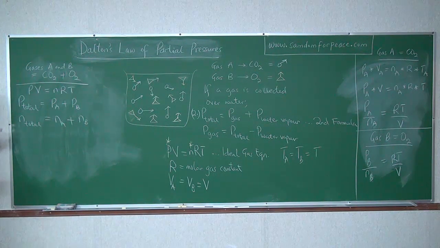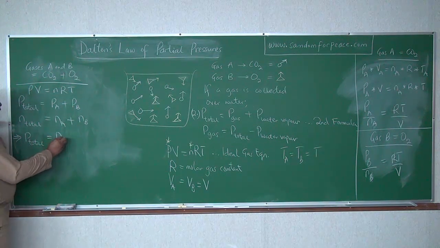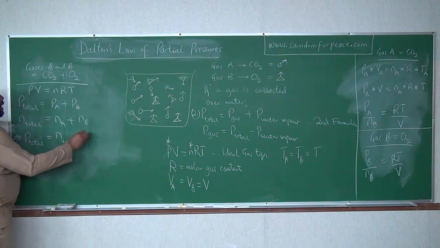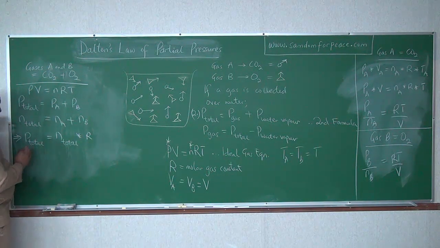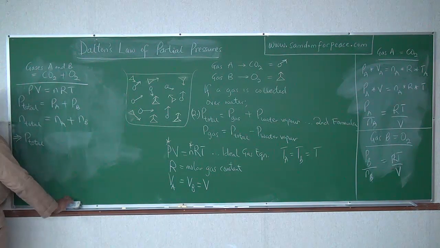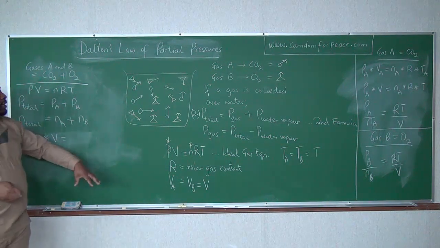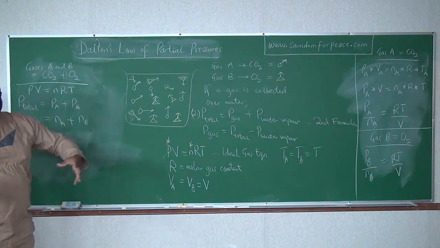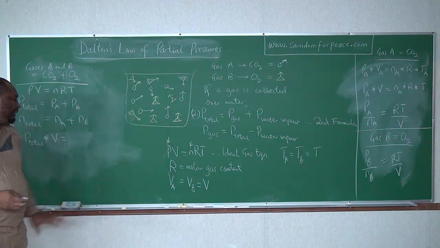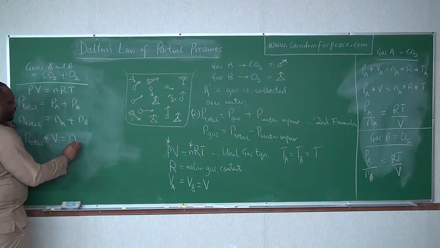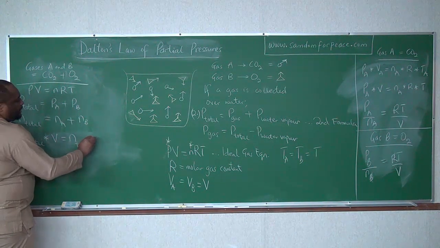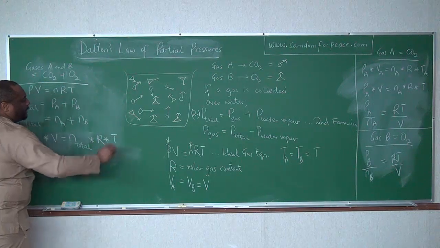So we now have that this implies that the total pressure times the volume, the volume of the container, which is the volume occupied by both gases, is equal to the total number of moles times the molar gas constant times the temperature.